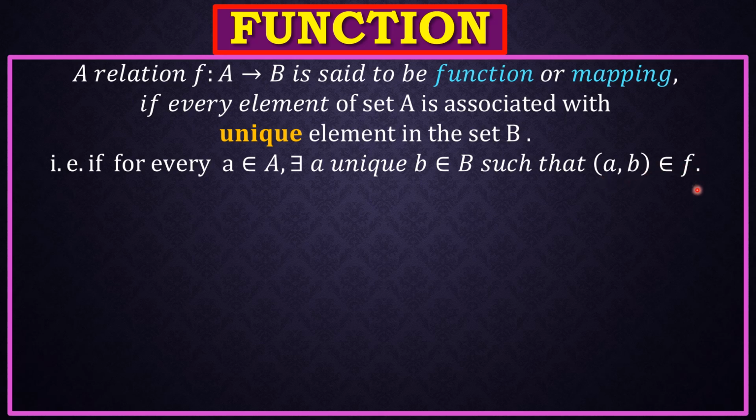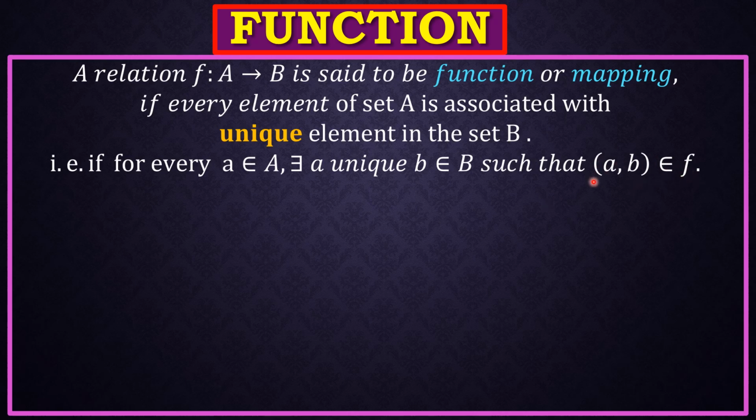Now here f is one type of relation. Here we take one element in A and one element in B. Now one relation exists between A and B, and we denote it as an ordered pair, which is contained in the relation f.